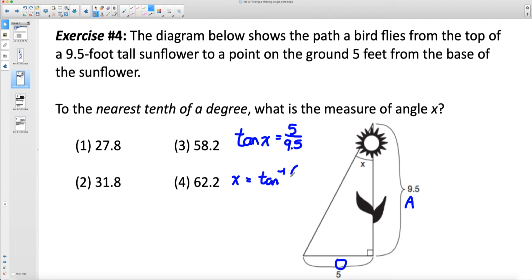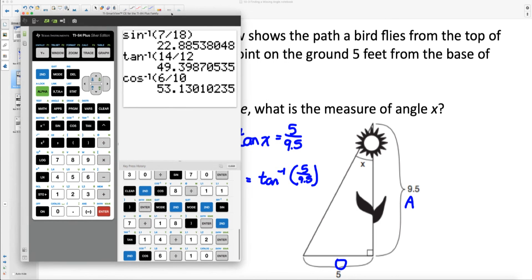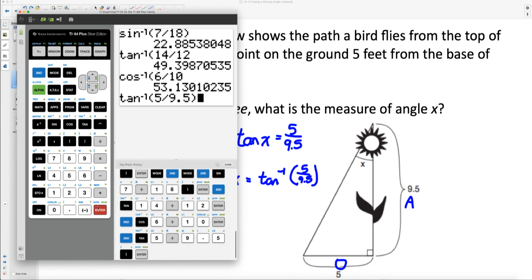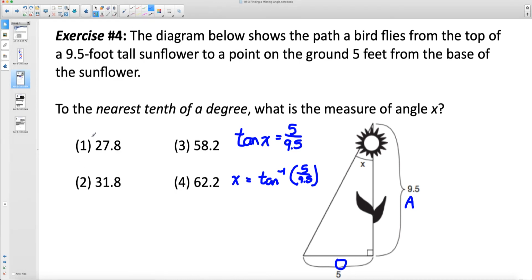Tan inverse of 5 over 9.5. Go over to the calculator. Second tan 5 divided by 9.5. And 27.7. Okay, round to the nearest tenth. 27.8.